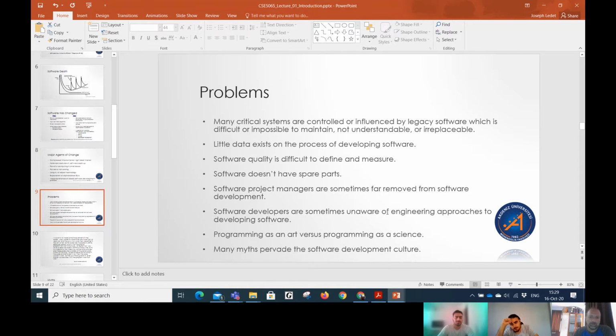All right. So many myths pervade the software development culture. Part of the problem, especially if our manager is not a software developer, is there's an old joke that technology, and especially software, to anyone who doesn't understand it, looks a lot like magic, right?